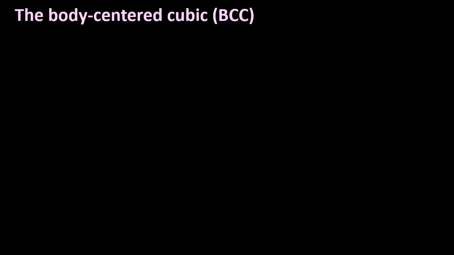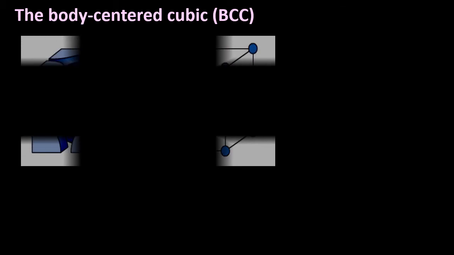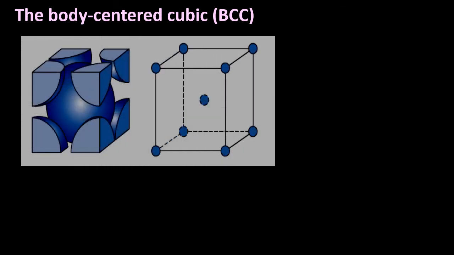Another important metallic crystal structure is called the body centered cubic crystal structure. Here you can see that this is the hard sphere model and this one is the reduced sphere model. There are atoms at the corners of the cube and an atom at the center of the cube.